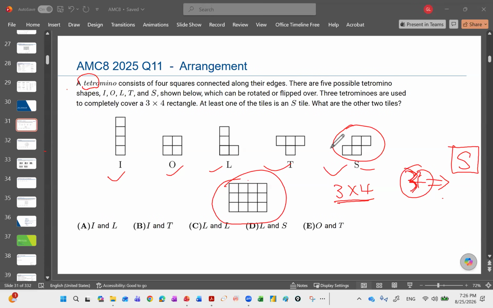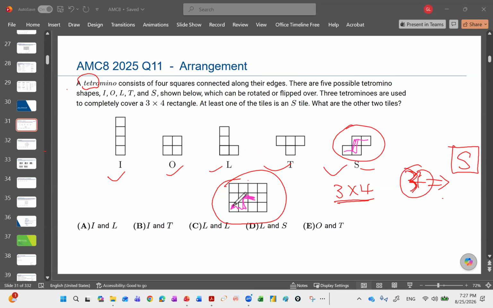So if they fill with S, what are the other 2 tiles? We can put this S in first, like this one. We can quickly fill anywhere, but you need to make it fit, something like here.